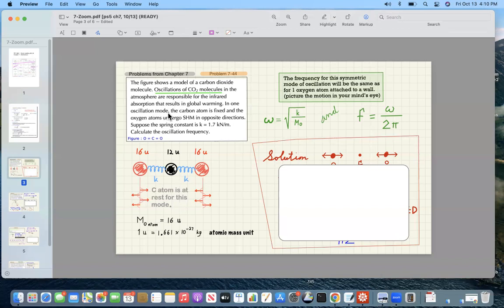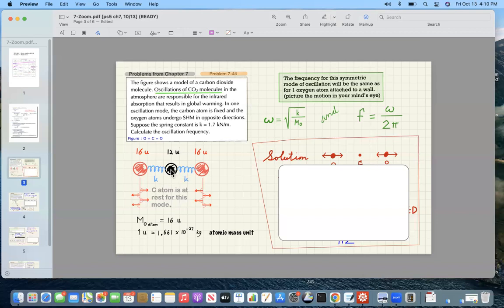We're going to consider the oscillation mode in which the carbon atom does not move. And each of the oxygen atoms moves in simple harmonic motion, but in opposite directions. So the center of mass of this three-particle system is always fixed.